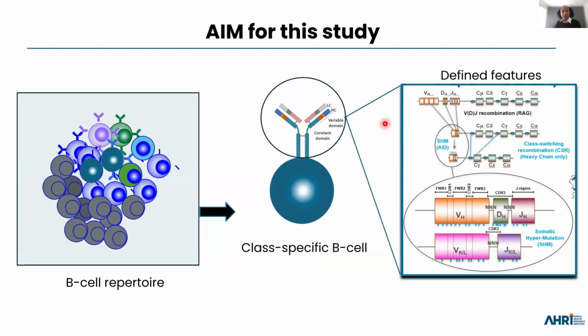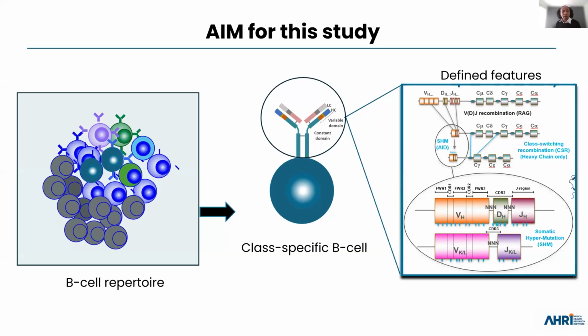The other question that we want to be able to answer is, does the HIV disease have an impact on this B cell repertoire? We also want to answer the question of, does the timing of AHRI initiation, when we introduce AHRI, also have an impact on this B cell repertoire or not?